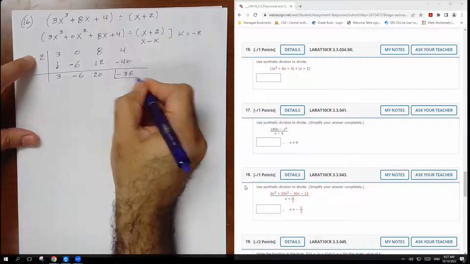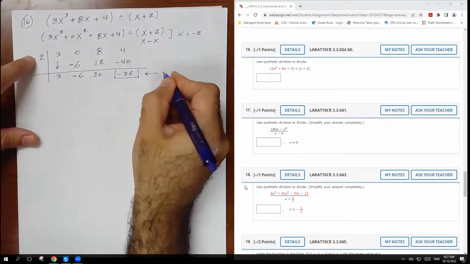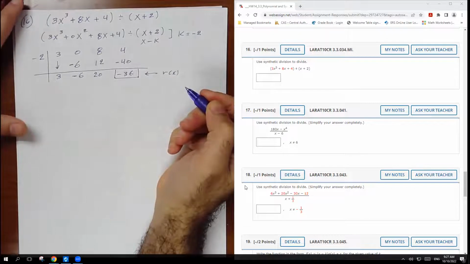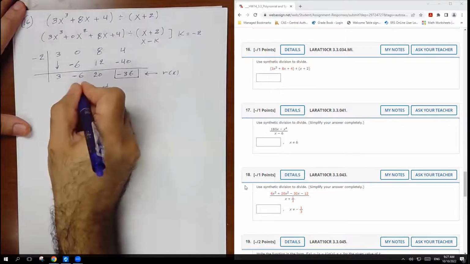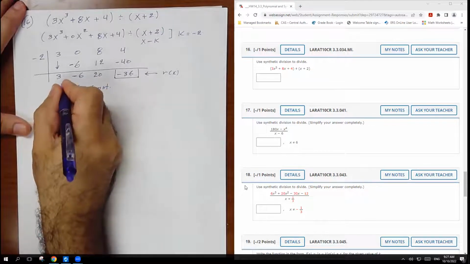The remainder here is not equal to 0. So this is r of x, this is the constant, this is x, and this is x squared.